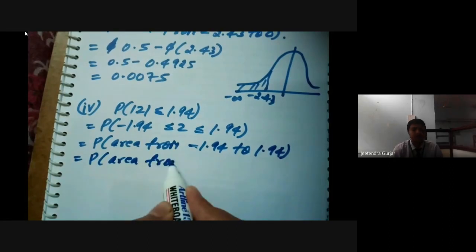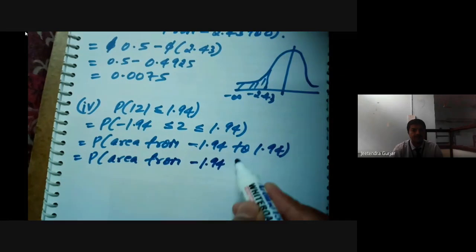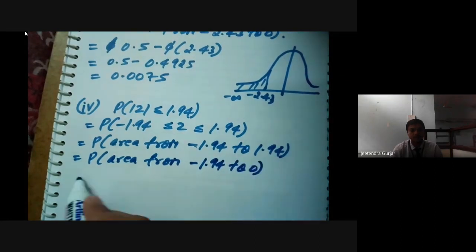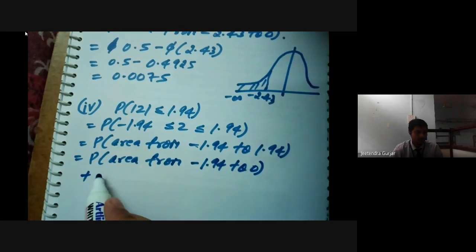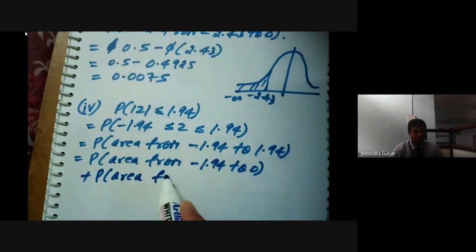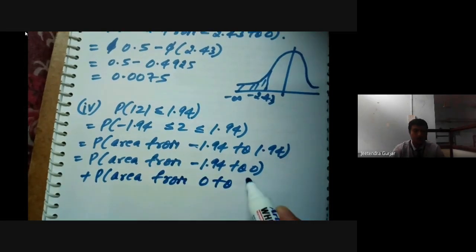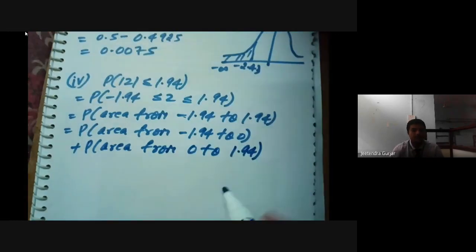So let us take it till 0. The area from minus 1.94 to 0 we are going to take, and plus the area from 0 to 1.94, students. I think you got confused here. Why have I taken plus?